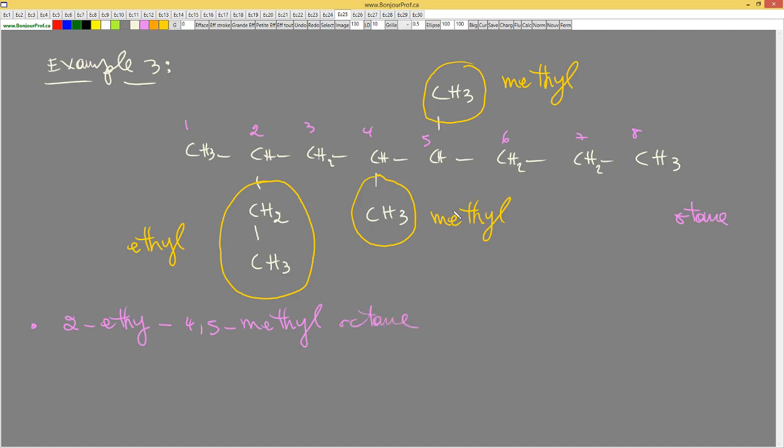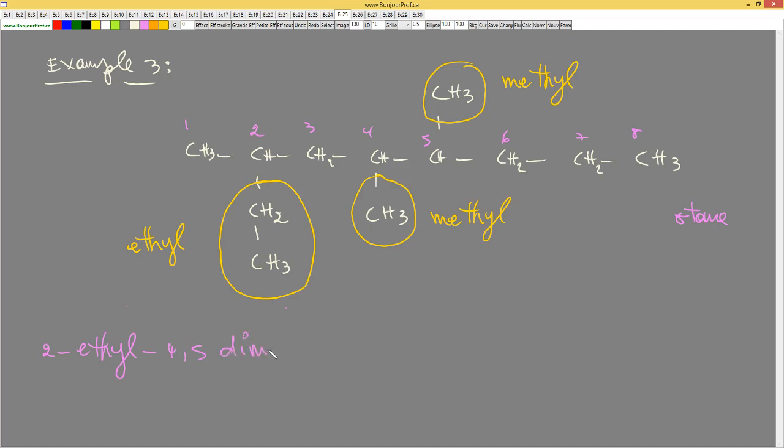Okay, so we start by the methyl and dimethyl, D, because I have two methyls. So I have to start by the ethyls, 2-ethyl. I have methyls, one in position 4 and one in position 5.